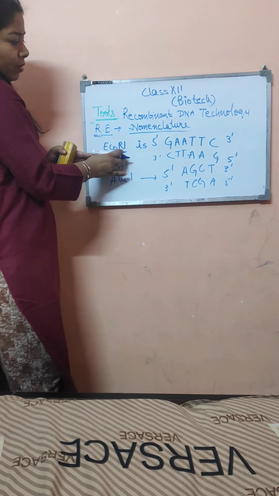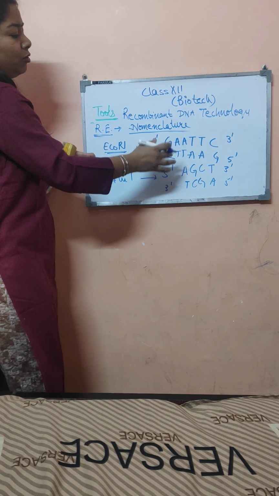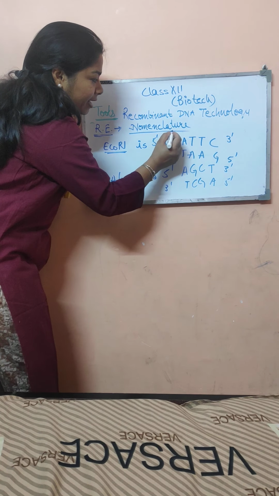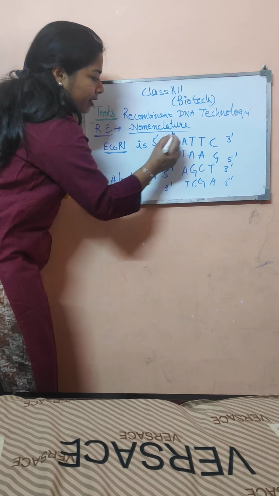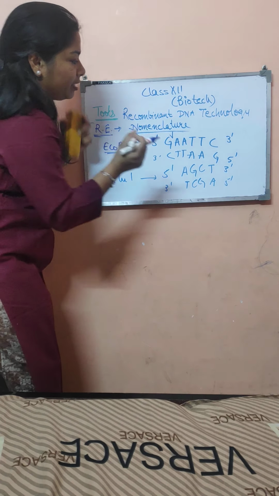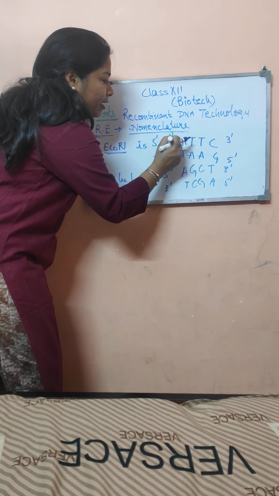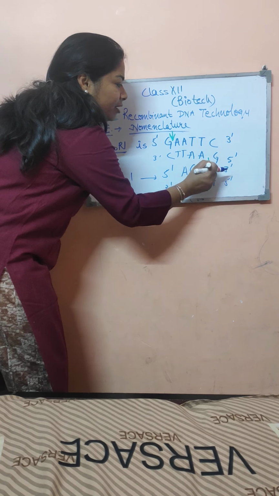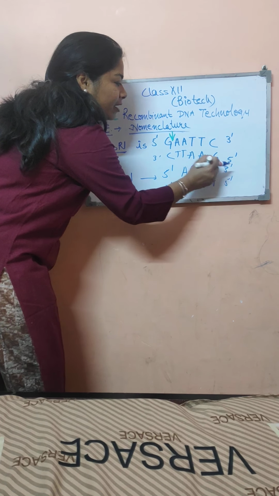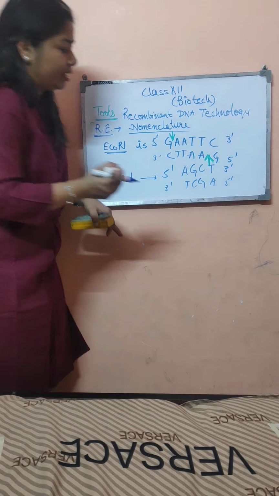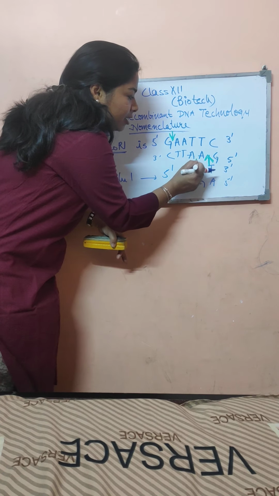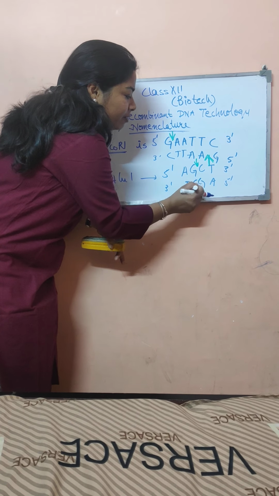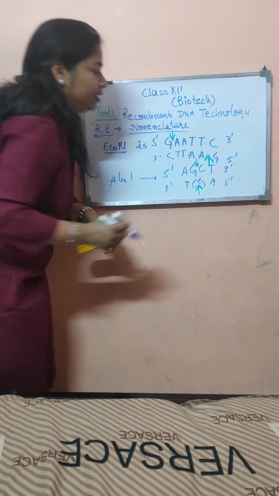Whenever EcoRI detects this particular sequence, it cleaves it in this manner. It means from the 5' end it cleaves after G. Similarly here it cleaves after G. While in AluI it cleaves after this, and here it cleaves after this.